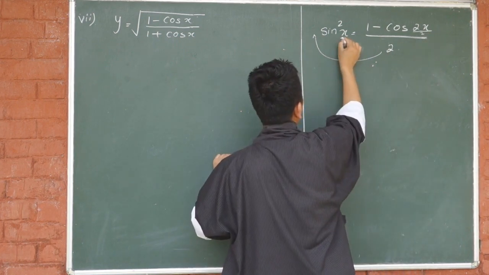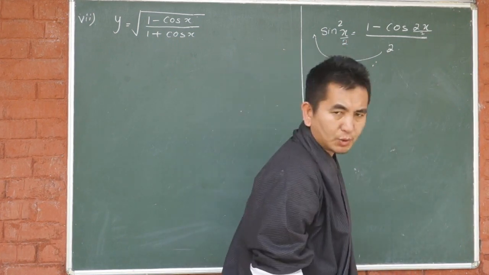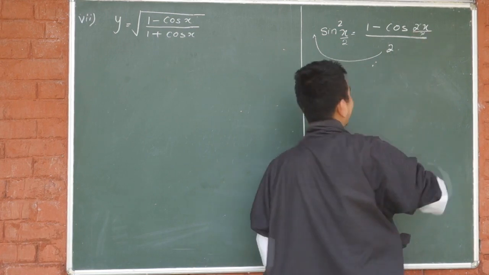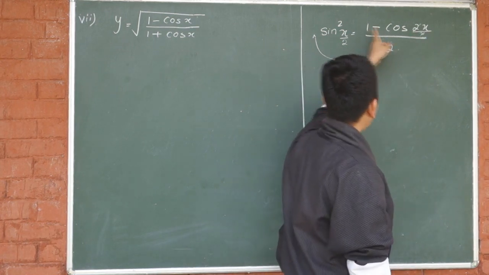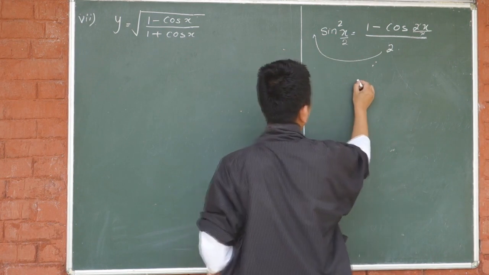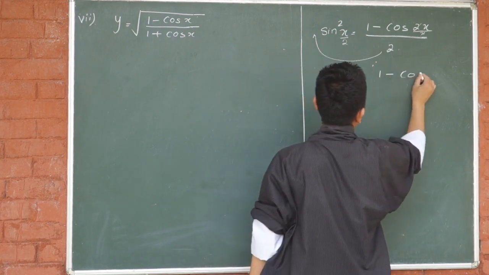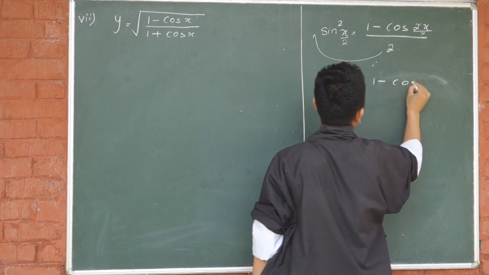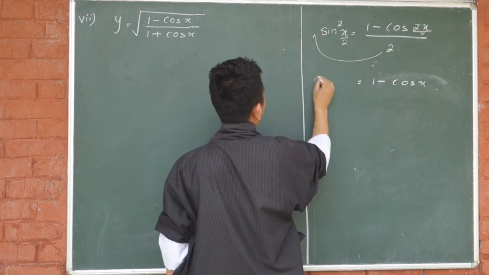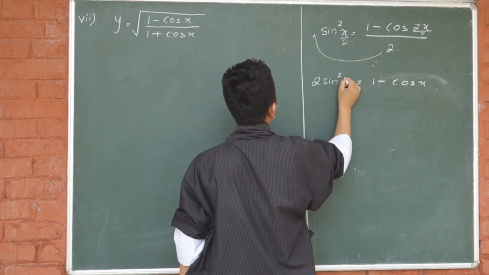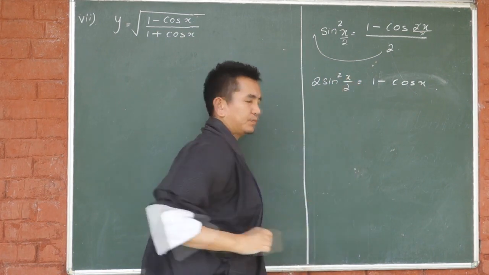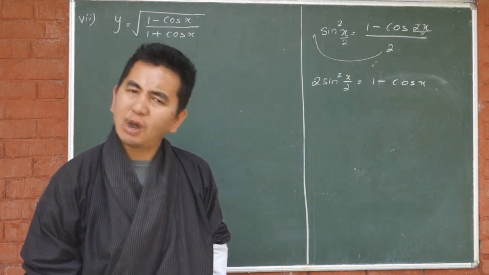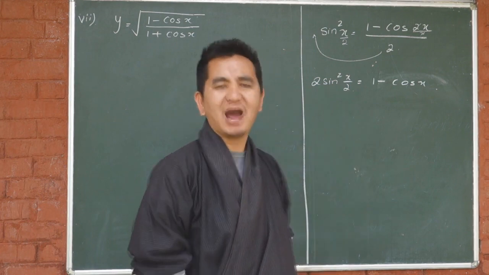If I divide here by 2, you have to divide here also by 2. Then this 2 and 2 will get cancelled. So now what will be 1 minus cos x? 1 minus cos x will be, bring this 2 here, 2 sin square x by 2.